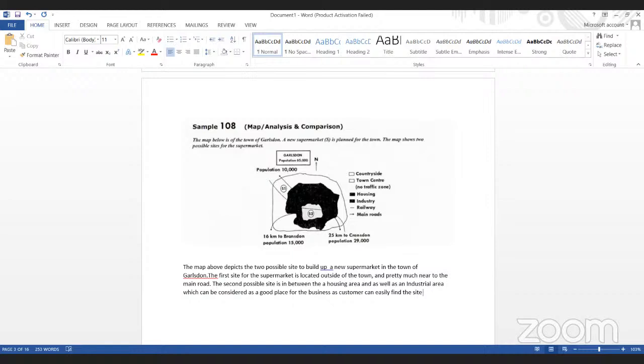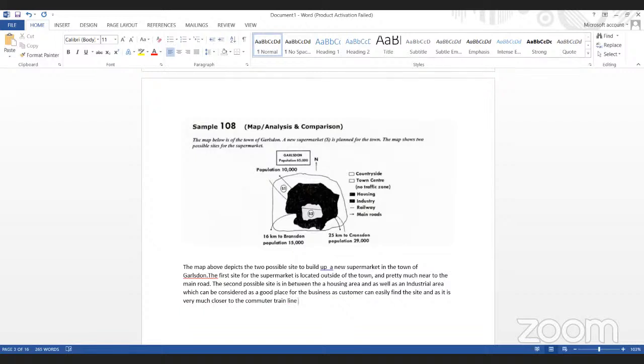You can easily find the site, right, as it is very much closer to the commuter train line. Commuter train line නැහැට ගොඩක් ළඟ නිසා, right?